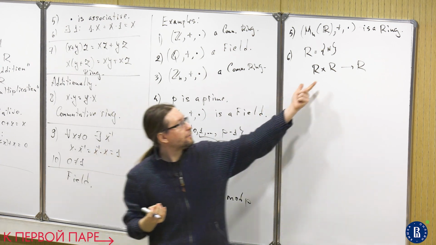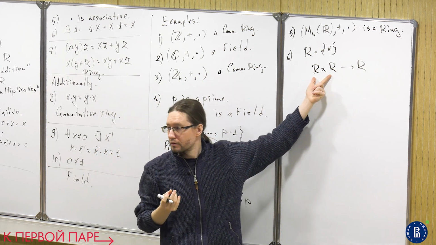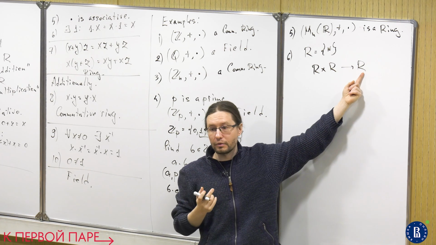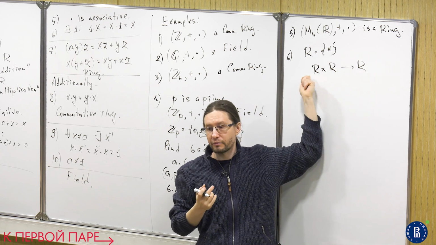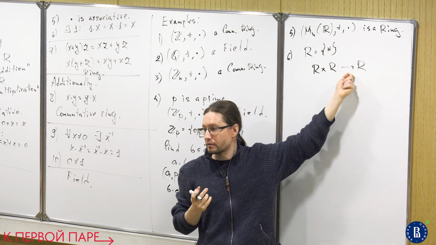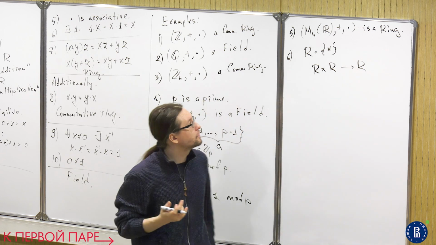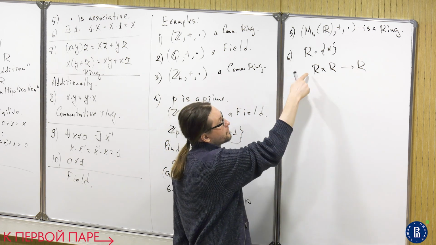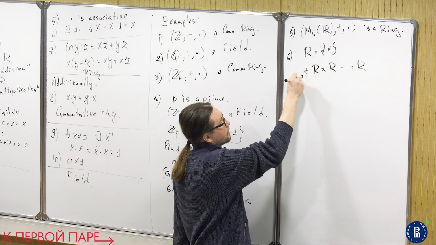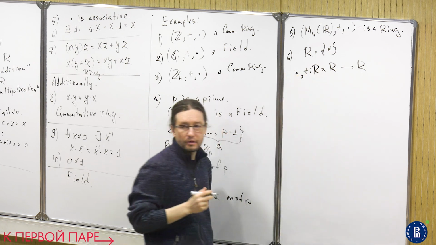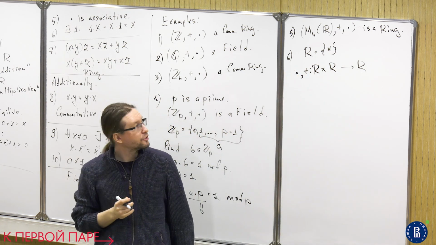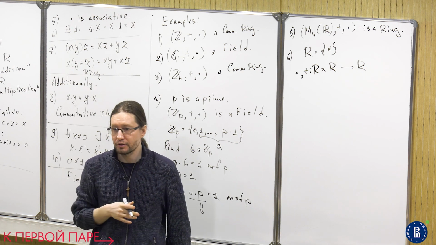Because here you just have only one pair, and here you just have only one element. So there is only one map from the left-hand side to the right-hand side. Okay, there is a unique operation here. And we will use this operation as an addition and as a multiplication. So this only operation will be our addition and multiplication at the same time.